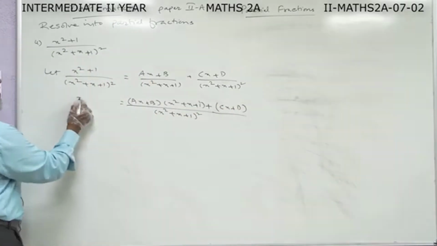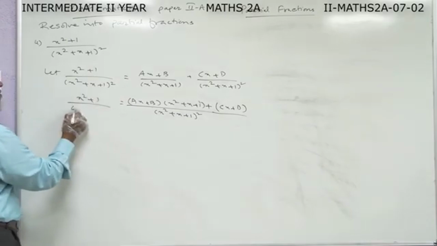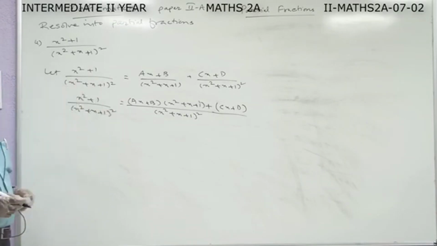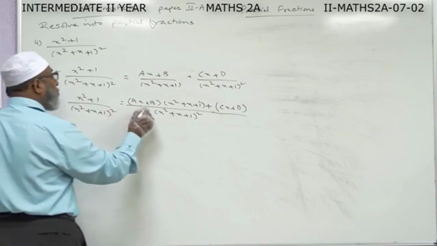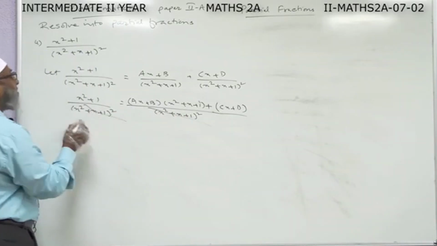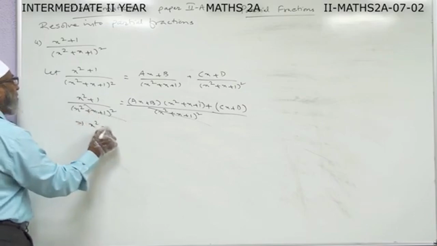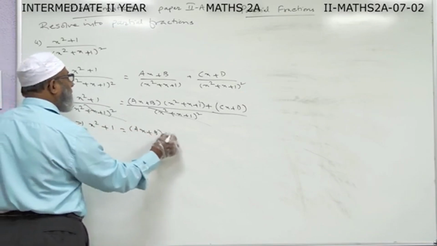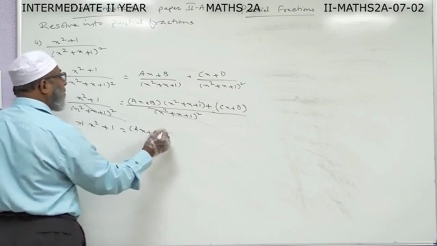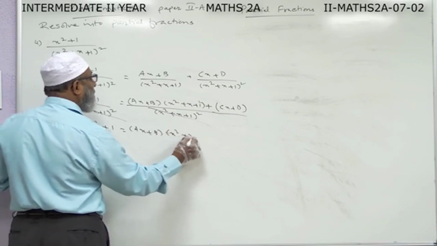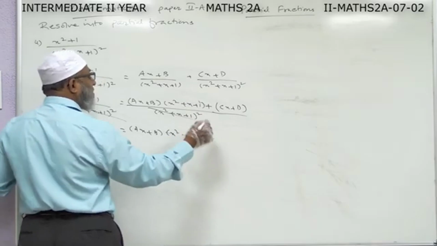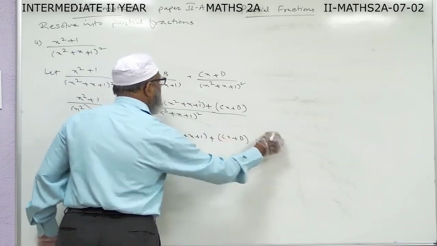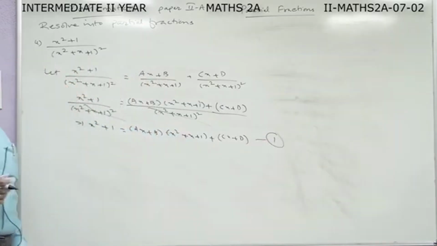And on the left hand side, I am having x square plus 1 by x square plus x plus 1 whole square. Again, on observing the LCM, both will cancel each other. So, what remains? x square plus 1 is equal to ax plus b into x square plus x plus 1 plus cx plus d. This is called equation 1.